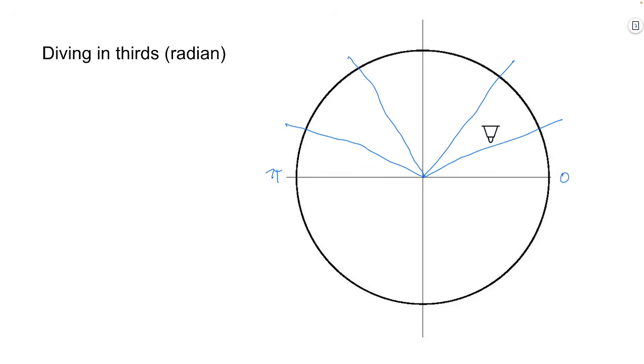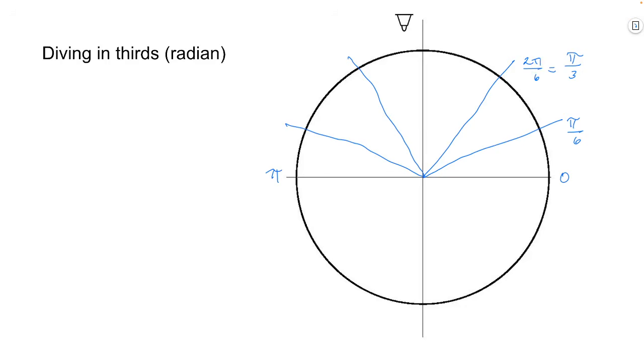And notice we've got 1, 2, 3, 4, 5, 6 segments, so we've divided pi into 6 equal little slices, so this has to be pi over 6. And again, we'll do the bottom half later, but pi over 6 we're going to count, so this would be 2 pi over 6, which is reduced down to pi over 3. And again, we talk about pi over 3 a lot, but it's really 2 pi over 6 as well.